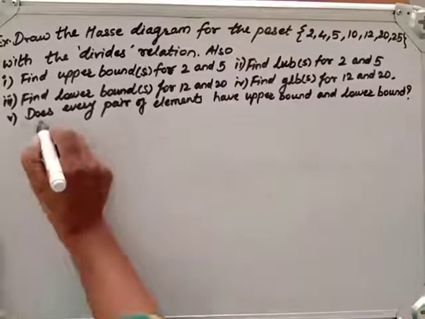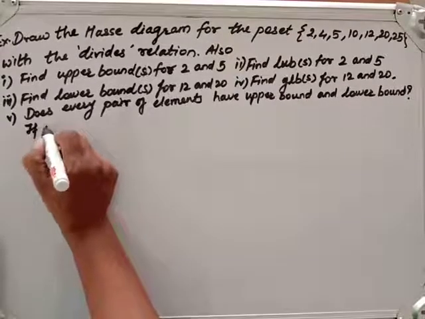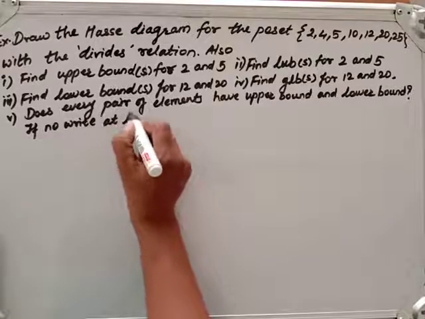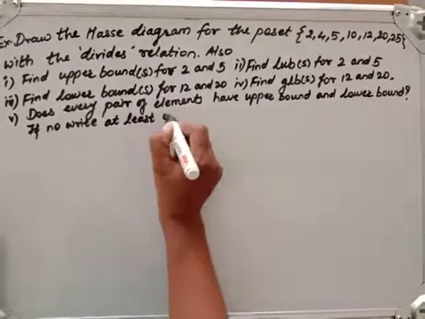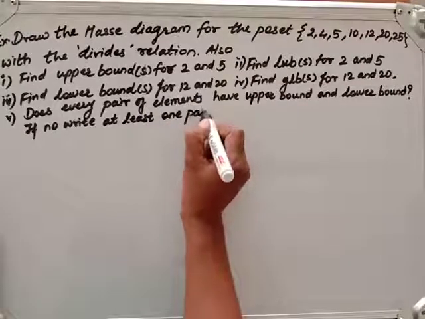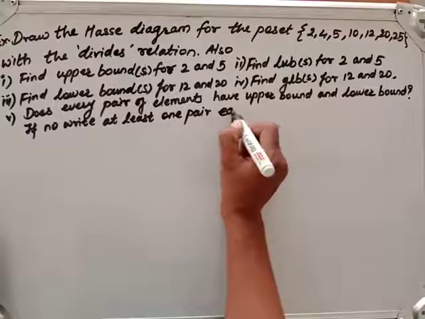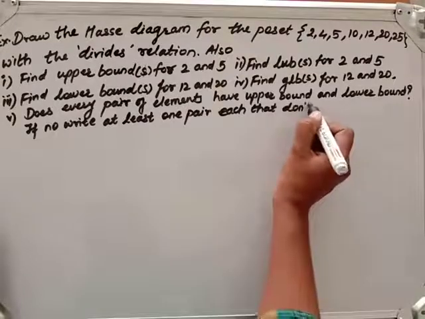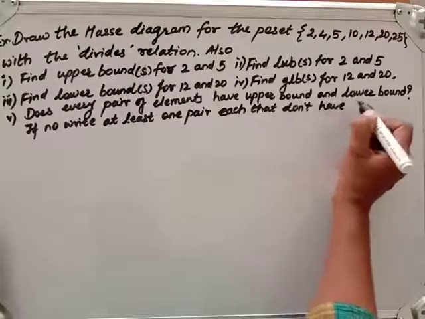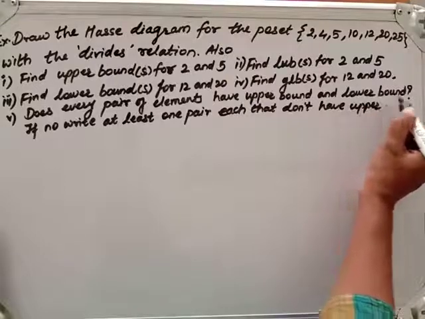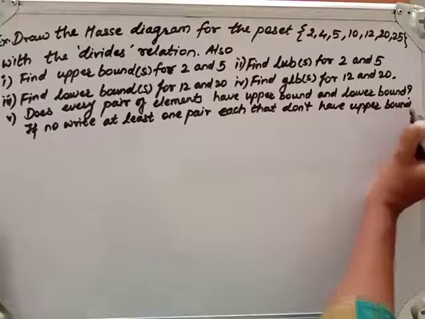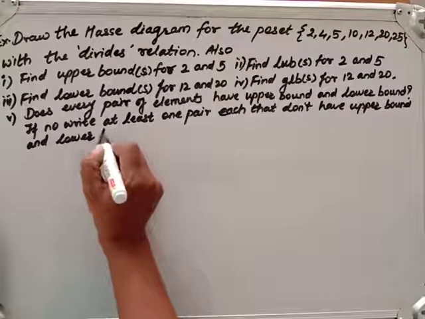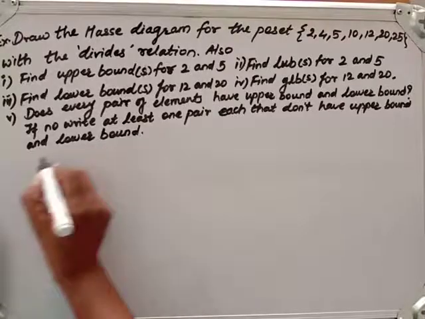If no, write at least one pair that doesn't have upper bound and lower bound. This is our question. Now let us solve it.